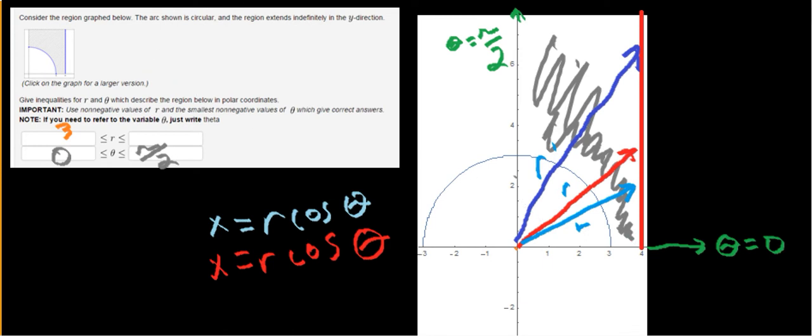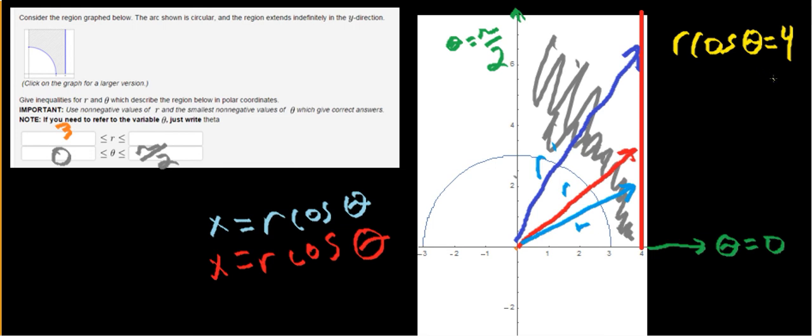So setting our x value to 4, I'll do it over here in yellow, we get r cosine theta equals 4.